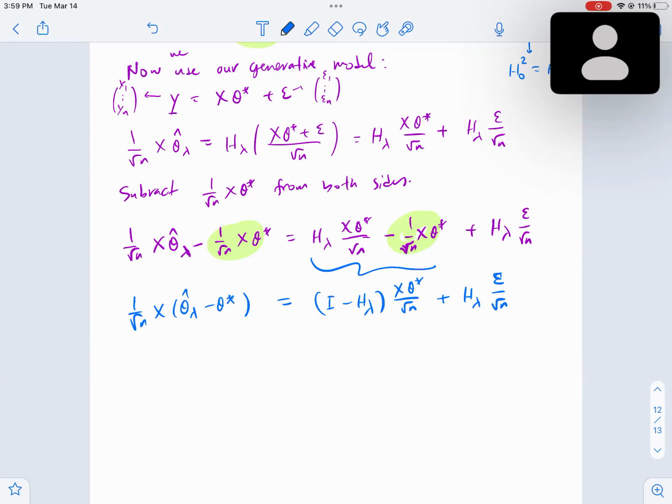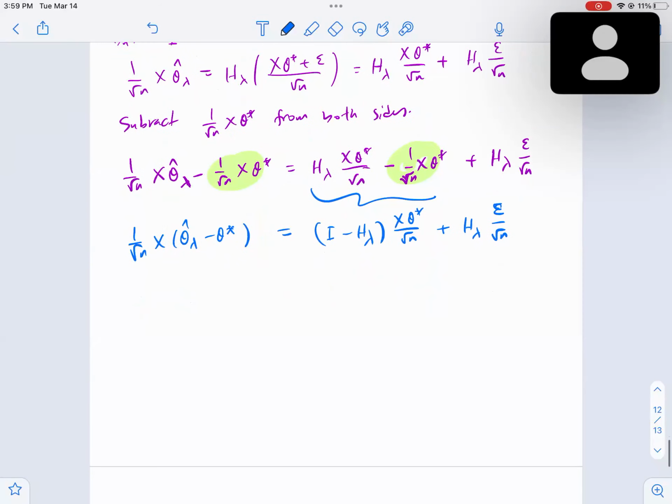So identity minus h lambda. Does this make sense to people? If you multiply this out, this gets multiplied by identity, you get that. Or the other way around. Okay, sorry, I should have written it the other way around.